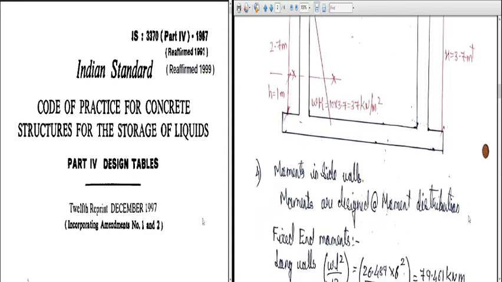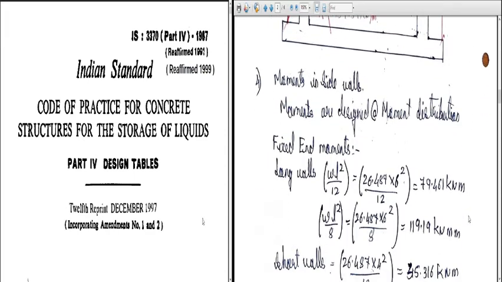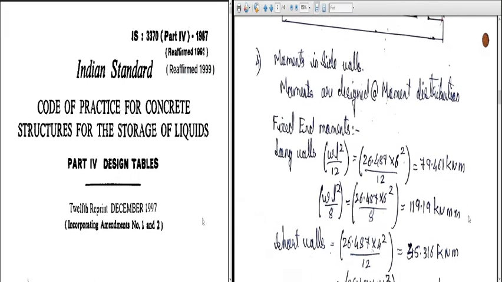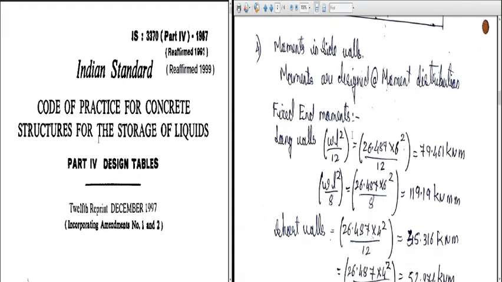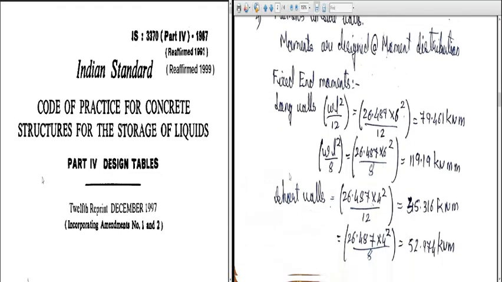Now we have to find out the moments in the side walls. So we will find it out according to moment distribution. The moments are designed according to the moment distribution. For this, we will compute the fixed end moments first, FEMs. So we have two walls, one is long wall, one is short wall. So one wall has a dimension of 6 meter and the other wall has a dimension of 4 meter.